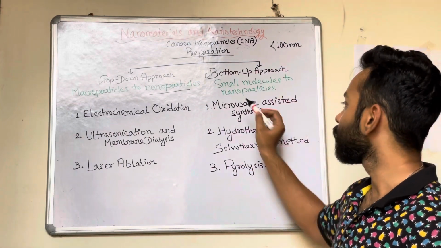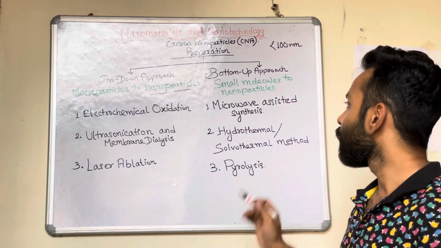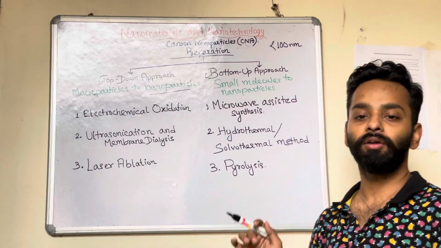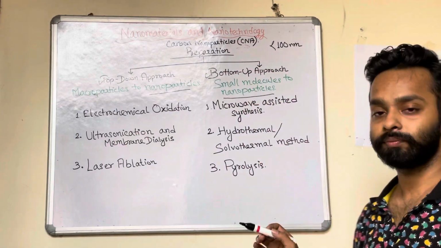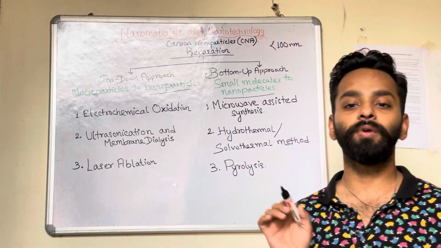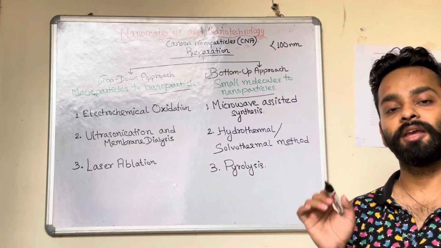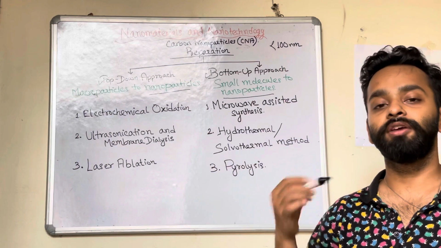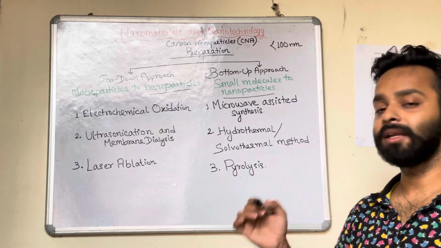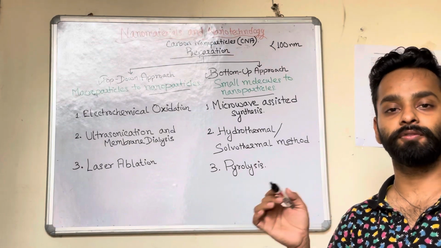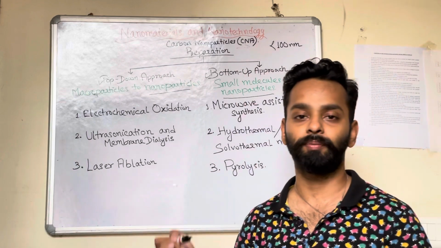Now coming to the bottom-up approach, this approach essentially implies small molecules which combine or aggregate to give nanoparticles. The starting material will have the carbon source as molecules, which then aggregate to give larger sized particles in the nanoscale. Finally, we will obtain particles with a size range from 1 to less than 100 nanometers based on a particular application.